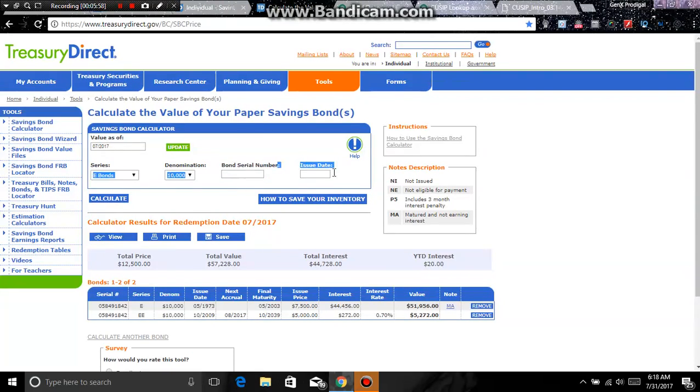You can put a number and an issue date, and it will look at the notes descriptions right here. Not issued, not eligible for payment, and I got all of these except not issued. There were bonds issued on my social for every date I put in. It's just insane. Okay, moving on, because I get a little wound up over that.